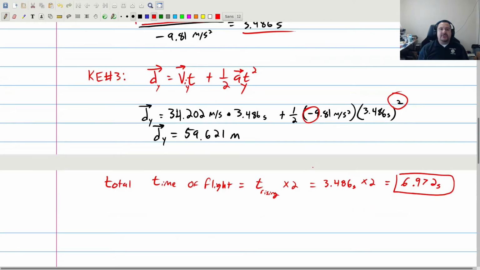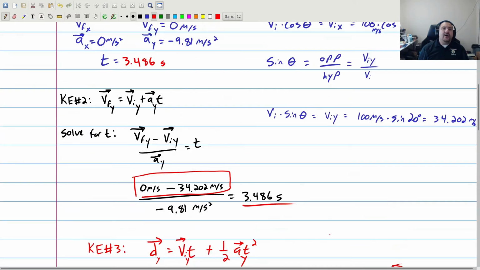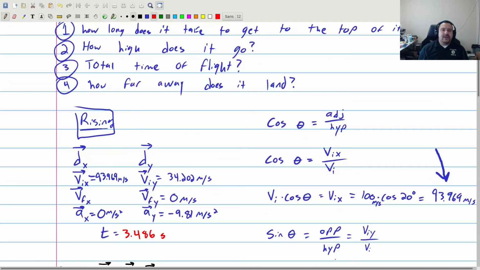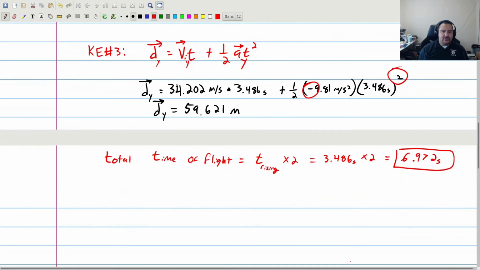Okay, we know the total time of flight now. So we need to figure out how far away this projectile lands. Well, it's moving in the x direction the entire time, so we're not just looking at the rising portion now. Now we're looking at the entire motion, rising and falling, in order to calculate how far away it goes.